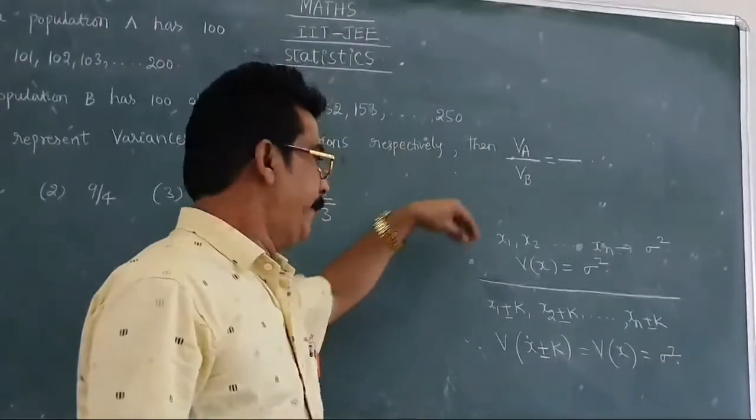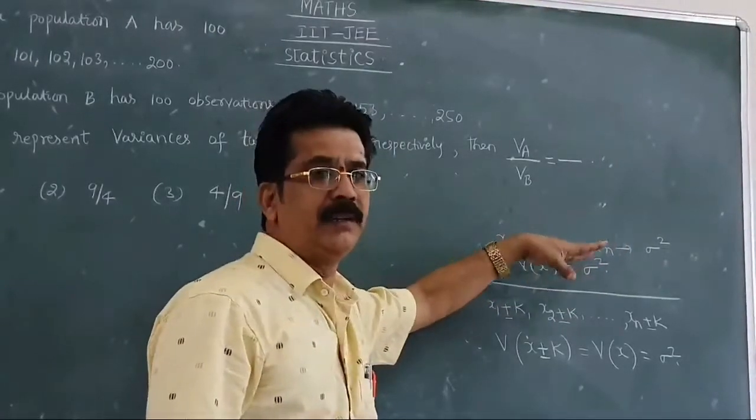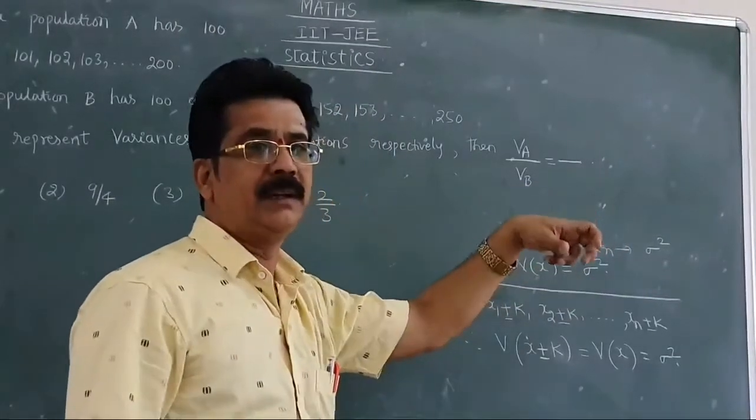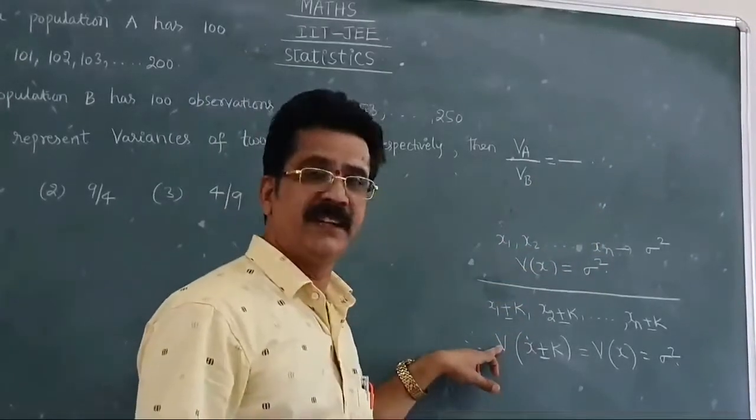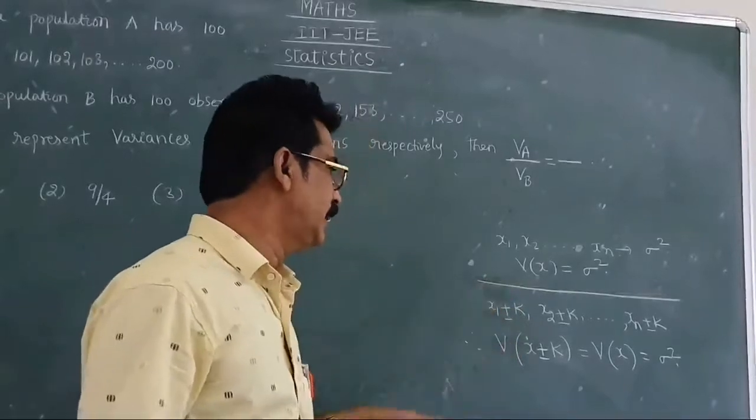It means that by adding or subtracting one fixed value, the original variance is not affected. Understand? This is the property of the variance.